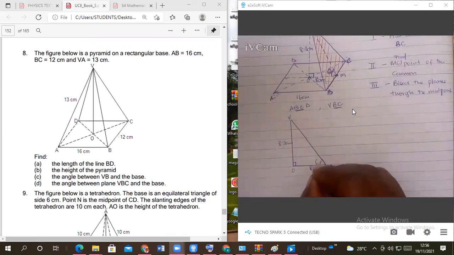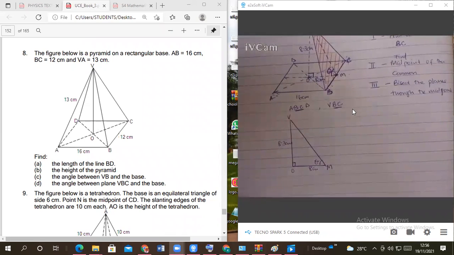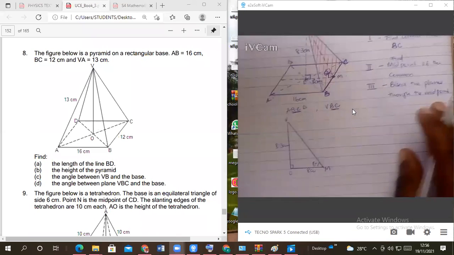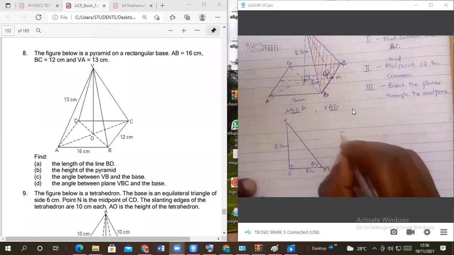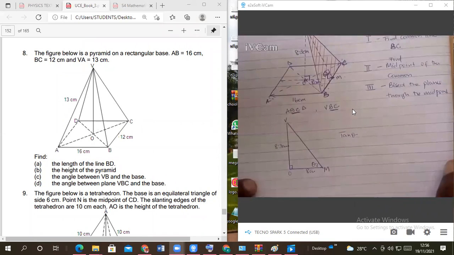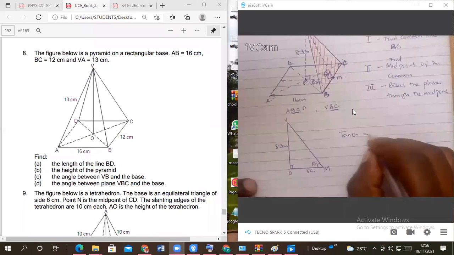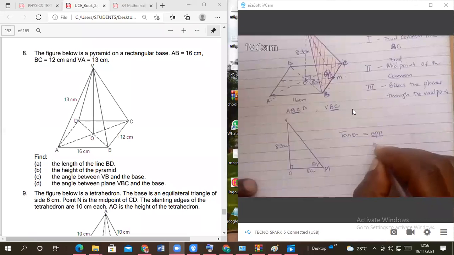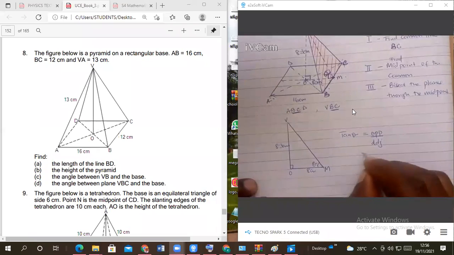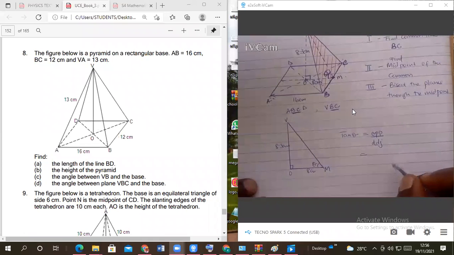Okay, so from there we use tan. We say tan theta is equal to opposite over adjacent. So what is our opposite?